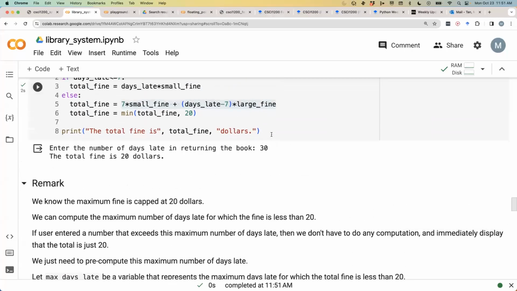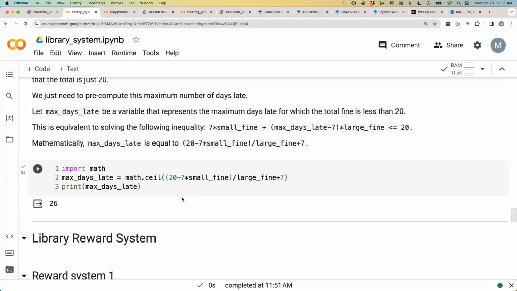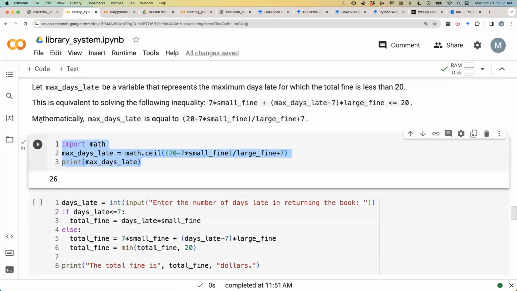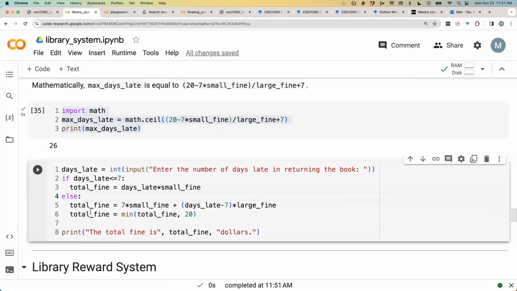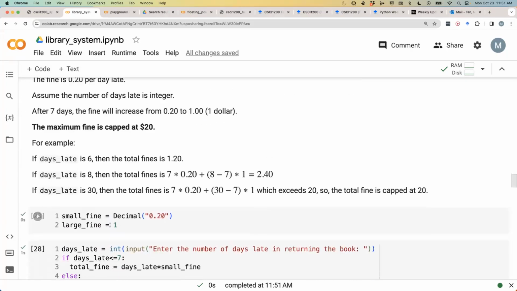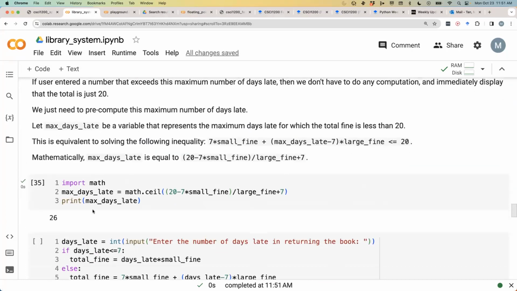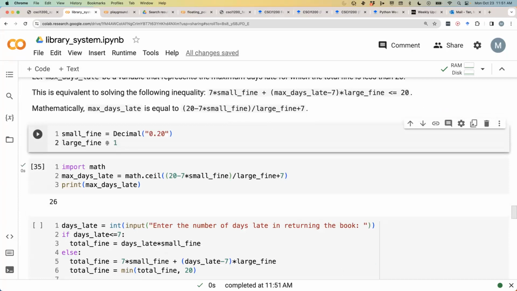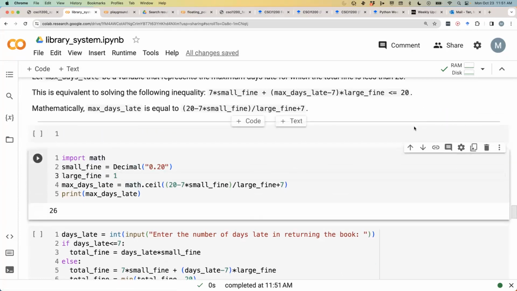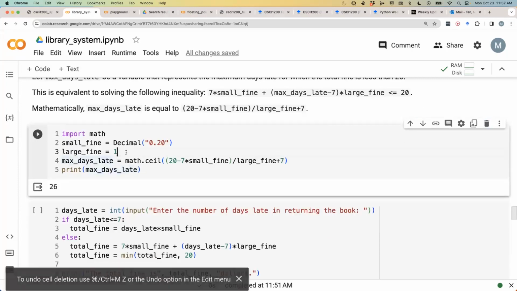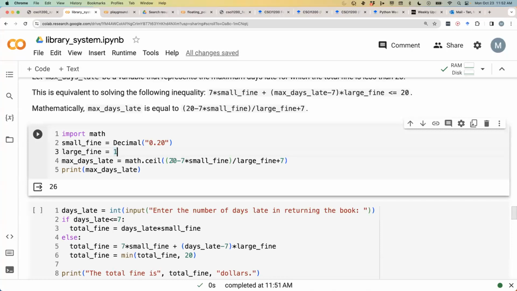Now our final code will be in this format here. This is pre-computed and saved to the system. And now we ask the user for the number of days late. This is our full code. Here we have the fine, and the largest cap amount is $20.